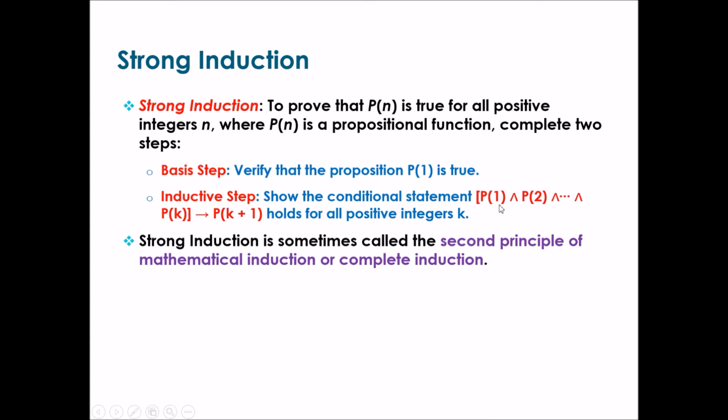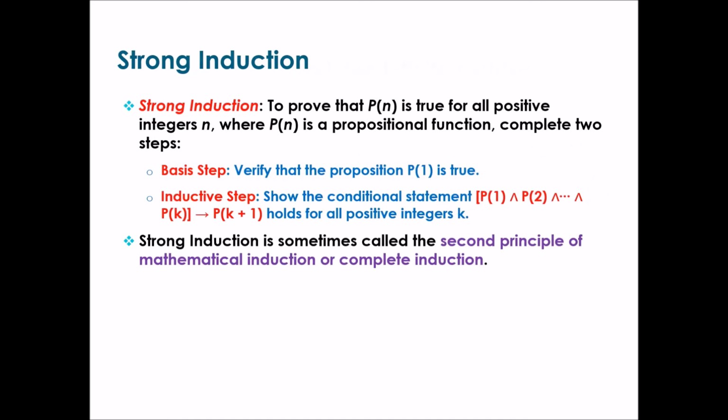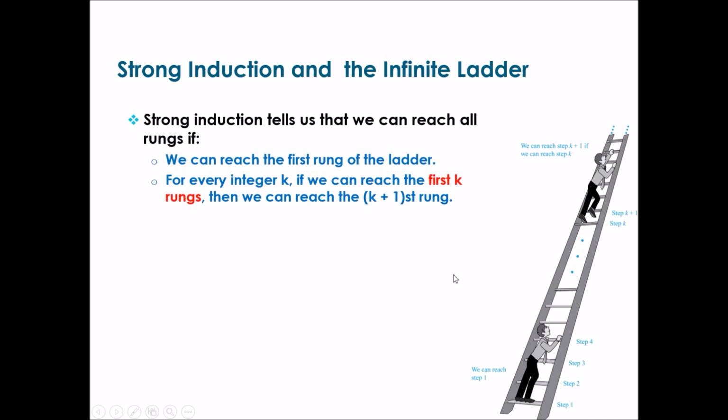Show the conditional statement: P1 and P2 and up till Pk all are true implies Pk plus 1 is true, right? So what is the difference in this case? In this case, before proving that Pk plus 1 is true, we use that P1, P2, P3, P4 up till Pk all are true.